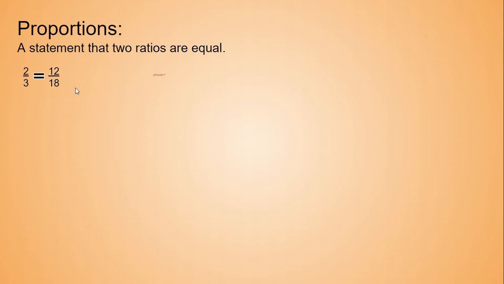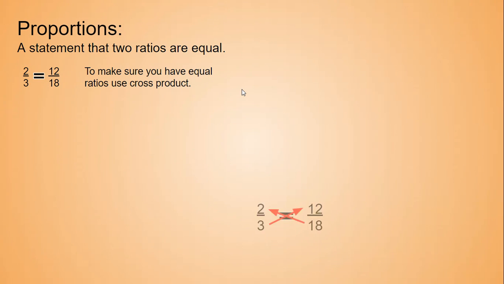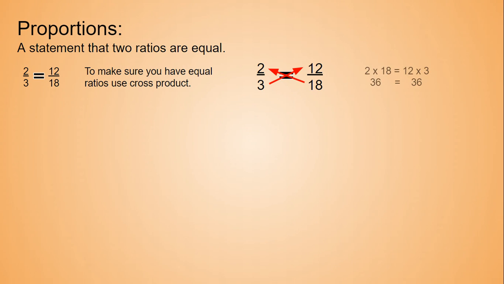What this is saying is that when we do the cross product, which in elementary terms is the butterfly effect, we take 18 and multiply by 2, and 3 times the 12. 2 times 18 is 36, and 12 times 3 gives us 36. So both sides are equal to each other, which is what we're looking for in proportions.